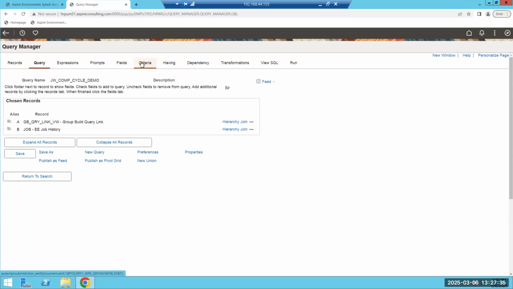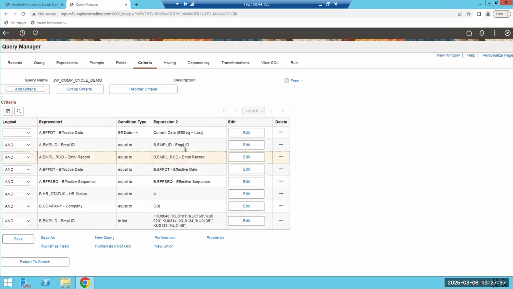Basically we can have our criteria, and in this case, I resorted to just, okay, I want these 9 people in here. But normally you would have more things like the HR status has to be active, they're a particular company, maybe they might be in this list of job codes, something like that to identify your population that you're specifically wanting to target to include in this compensation cycle.